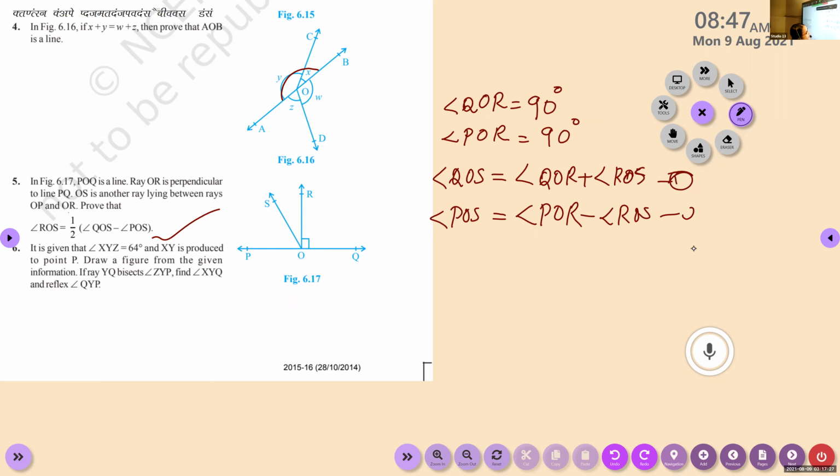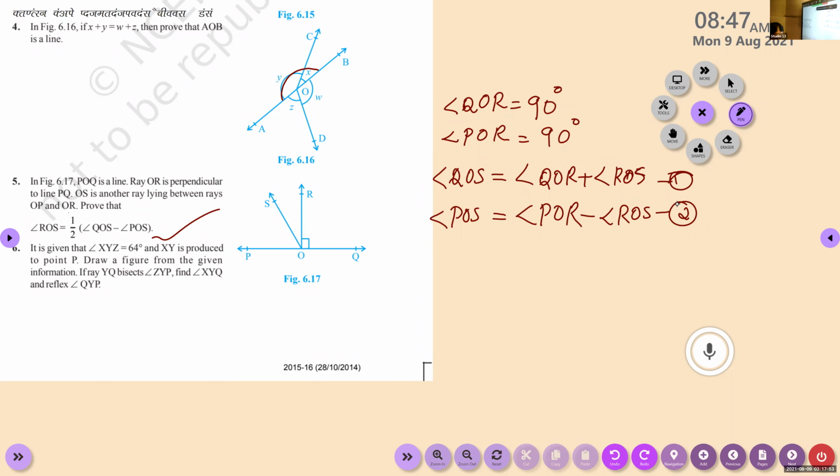Both are same. SOR and ROS are same. So we will write, POR minus ROS I have said. But it's not minus, it is plus ROS. Okay.